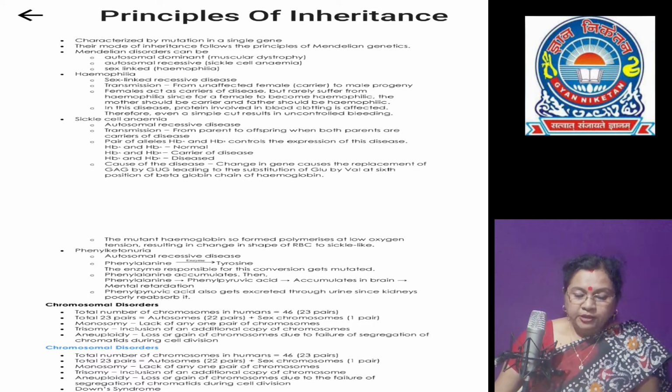But only the homozygous individual, HbS HbS, shows the diseased phenotype. The heterozygous individuals are the carriers, such as HbA HbS. Now why has this happened?